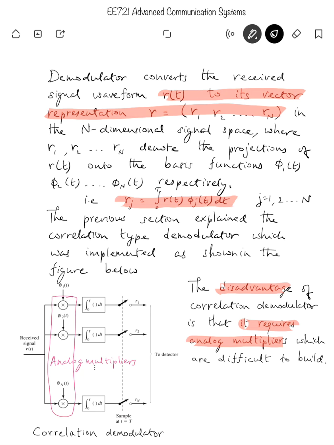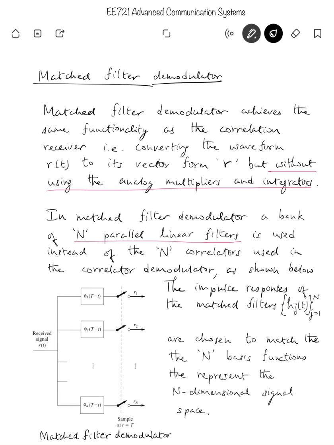So we are going to see today how we can do the same process of converting the signal waveform into the vector representation without using these multipliers. And for that we are going to discuss what is called a matched filter demodulator.